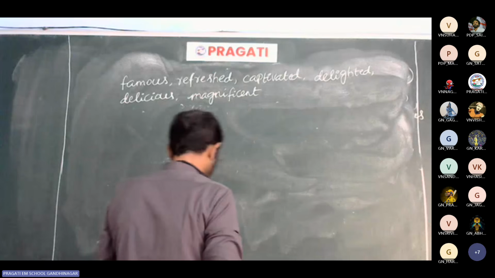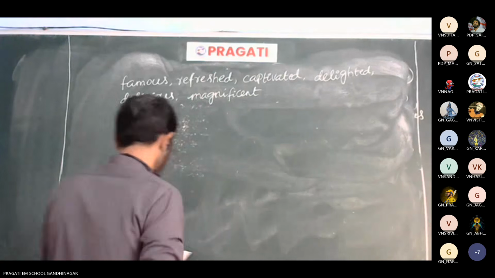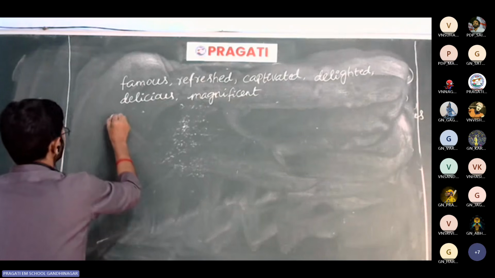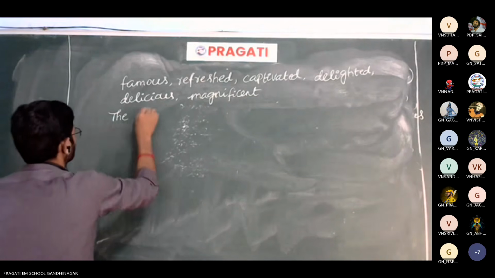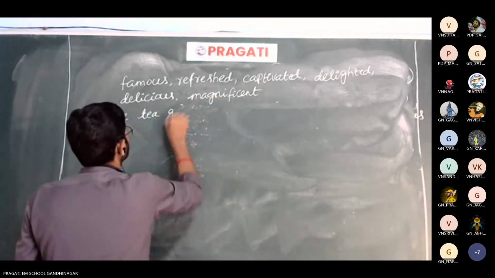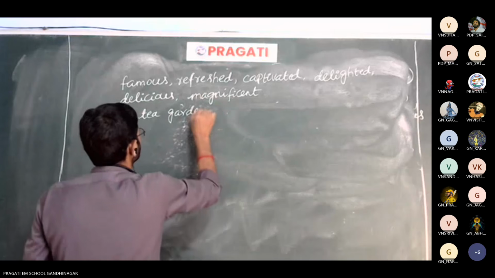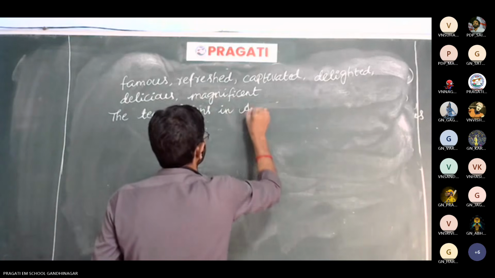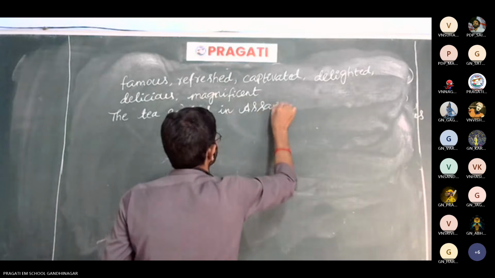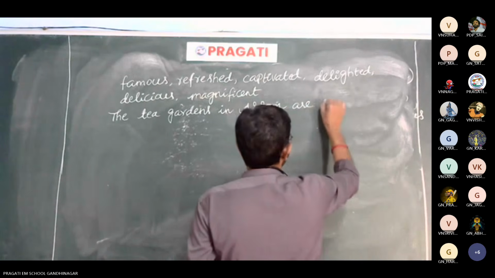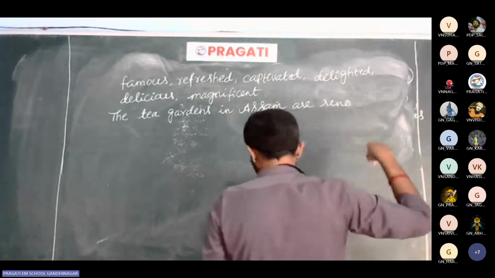So these are the words given here. And the passage given here is: the tea gardens in Assam are renowned. So once again, we have come across the word renowned.